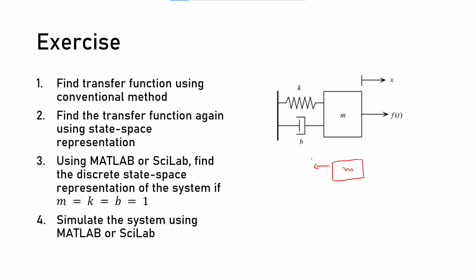So here for the spring, the force generated from the spring is k times h, and the force generated by the damper is b times h dot, and you have the input force f of t. Okay, so you apply Newton's second law here: the sum of all external forces on the mass equals mass times acceleration.